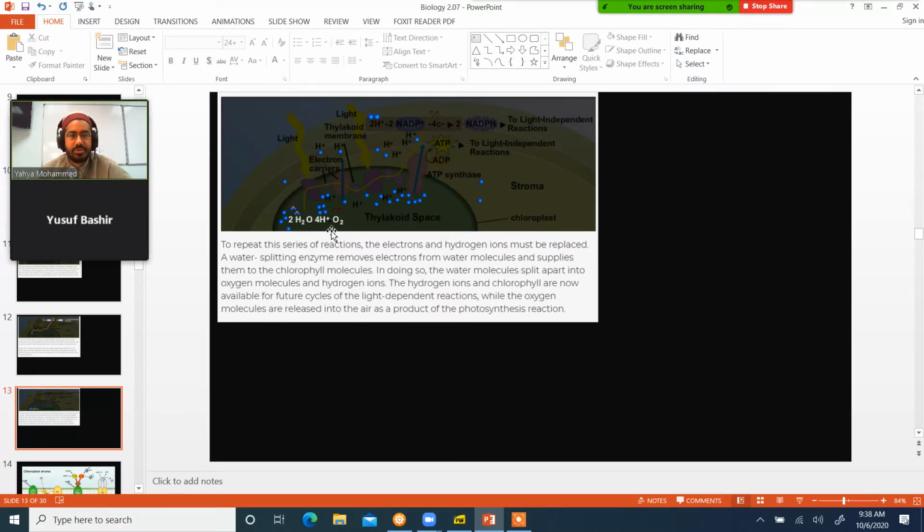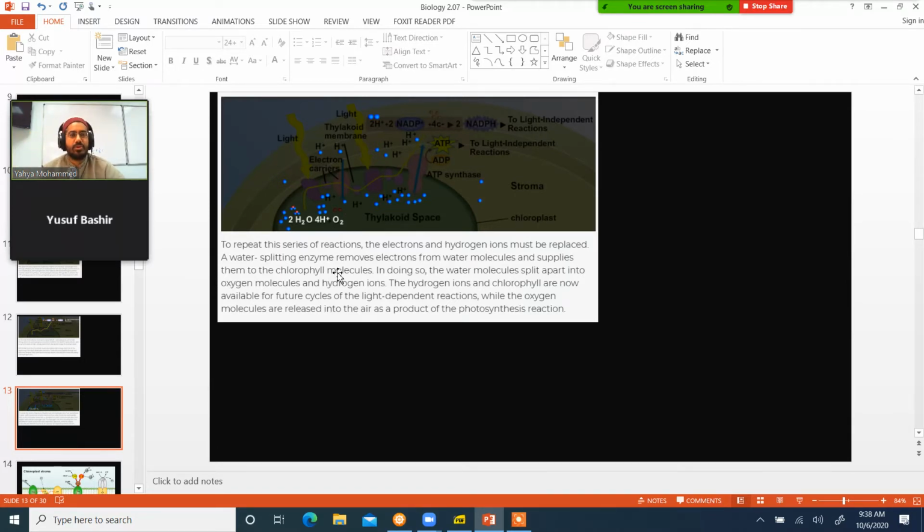So in this process, water is split apart into hydrogens. Remember those hydrogens that we needed? They came from water. So water was split apart into all of those hydrogens, and so the oxygen is going to have to be by itself now. So that's where that O2 is. O2 is basically kind of like a waste product of photosynthesis.